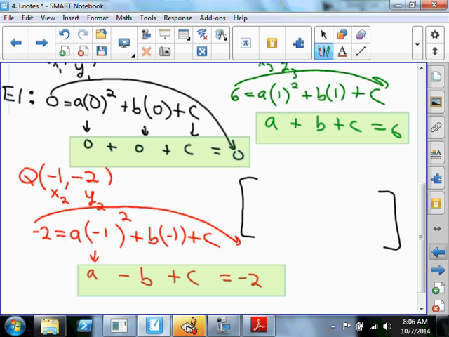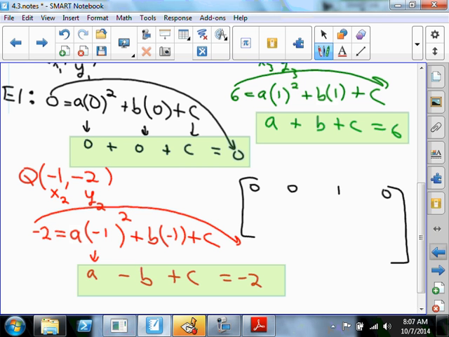So the first row of my matrix is going to be what? 0, 0. C's coefficient, because C's there, it has a coefficient, something other than 0. Its coefficient is 1, good. And then 0. Okay?